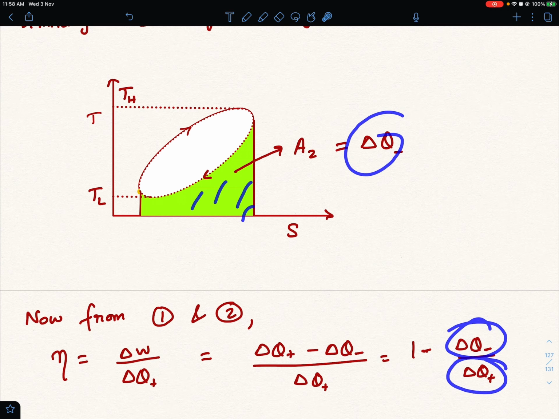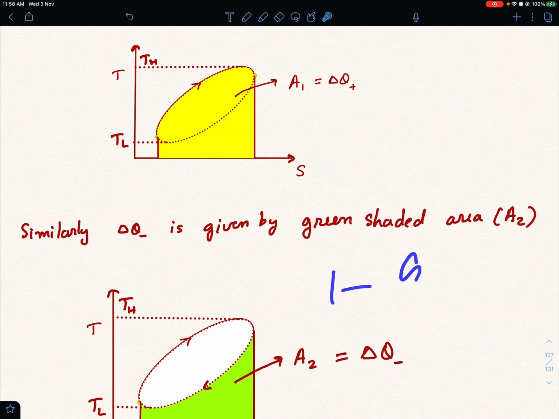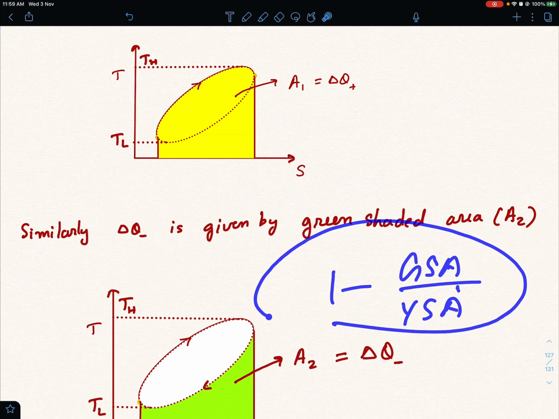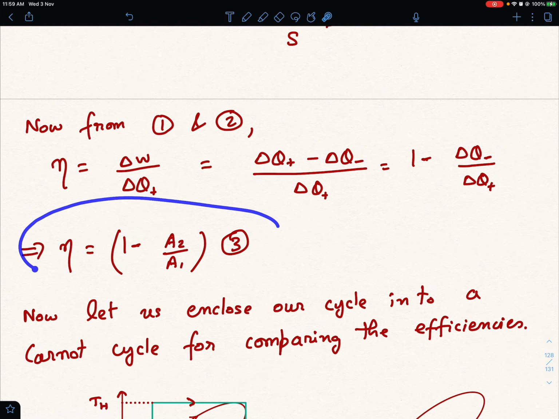Delta Q minus is the green shaded area and delta Q plus is the yellow shaded area. So efficiency is 1 minus the green shaded area divided by the yellow shaded area, right? So this is the efficiency of this cycle.